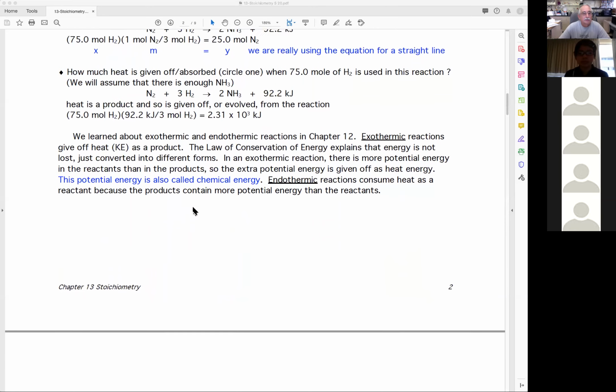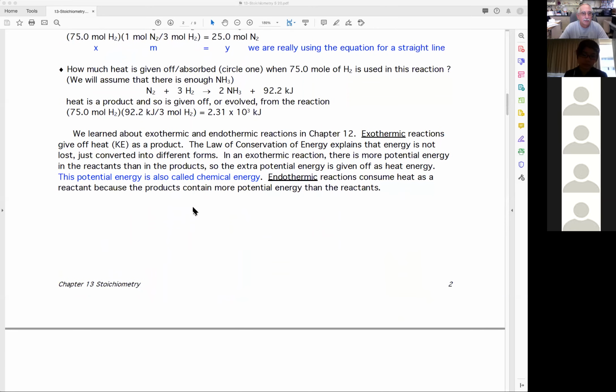So here's another problem. How much heat energy is given off or absorbed when 75 moles of hydrogen is used in this reaction? So heat is a product. That means it's going to be given off, right? Another word for that is evolved. The reaction container will get hot.